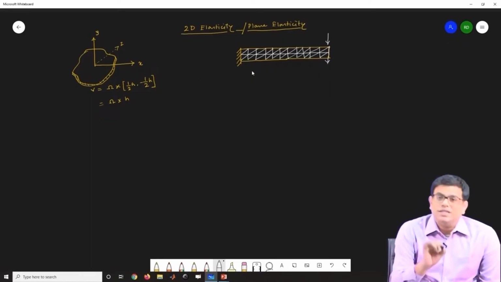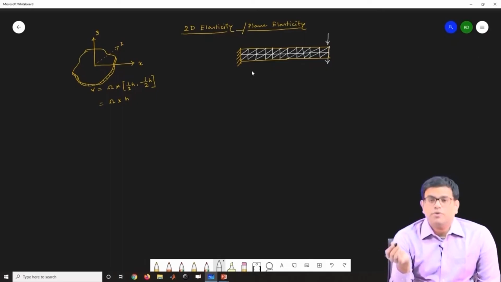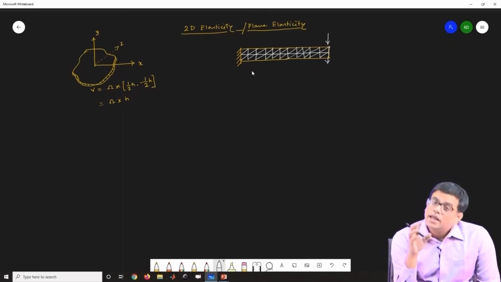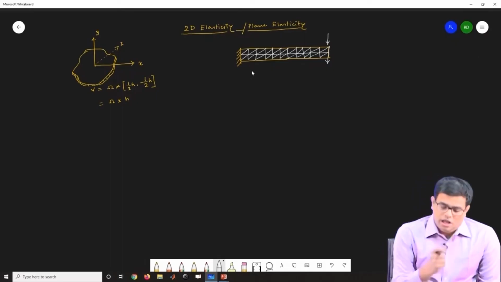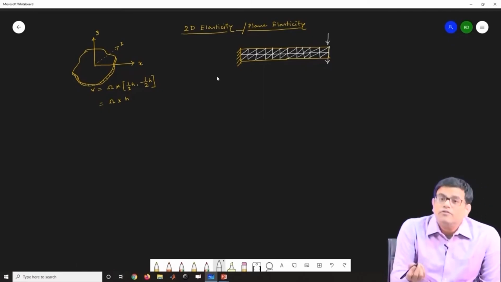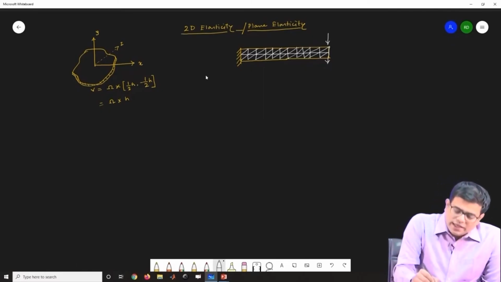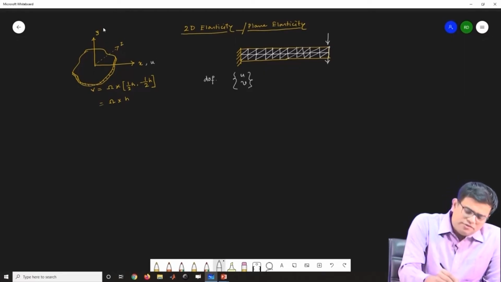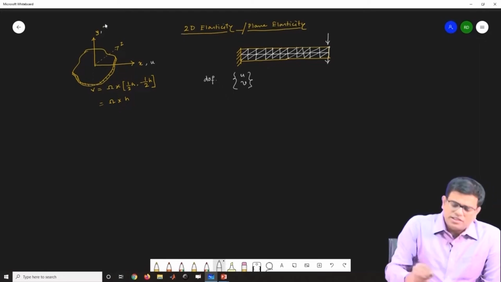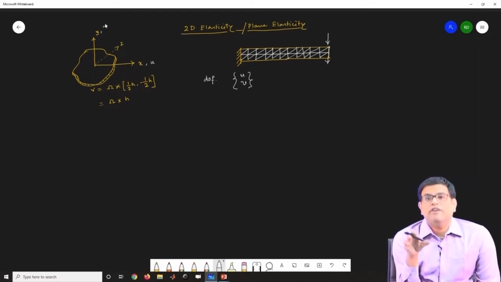Essentially, what is the difference from the one-dimensional problem is that we are considering a two-dimensional problem. So our degrees of freedom are essentially u as well as v. u is the x displacement, v is the y displacement. So now it's a vector formulation.